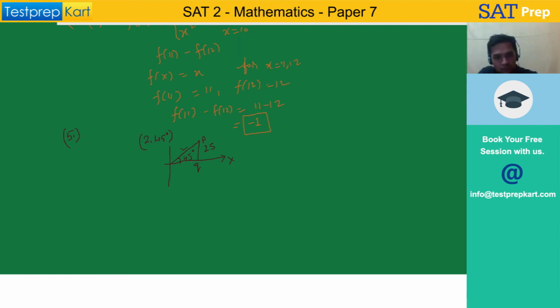So this PQ is 2 sine 45. So its option is B.